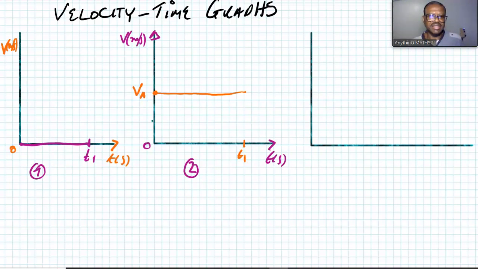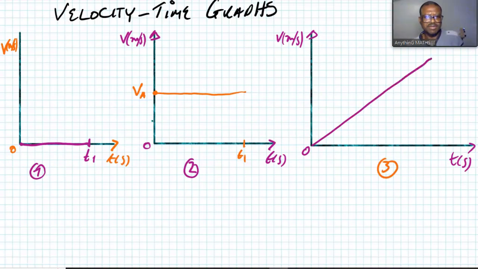The next one, the third graph we want to look at, it's going to be different. So let's label that one as well. We have v m per second, and we have t of x, and we have 0 here. So this is moving from that to that.